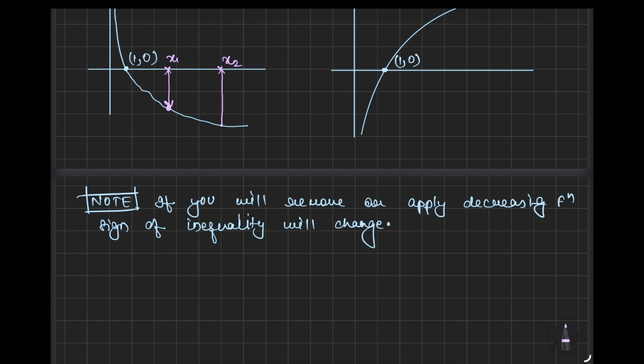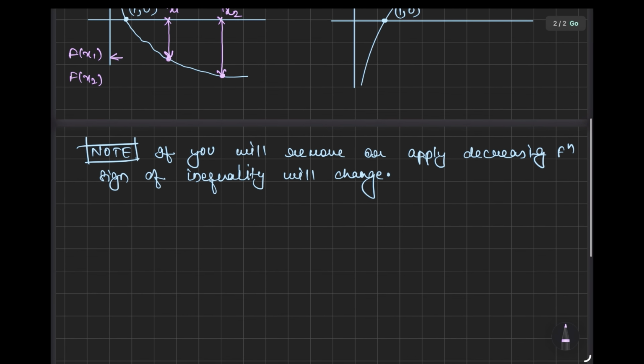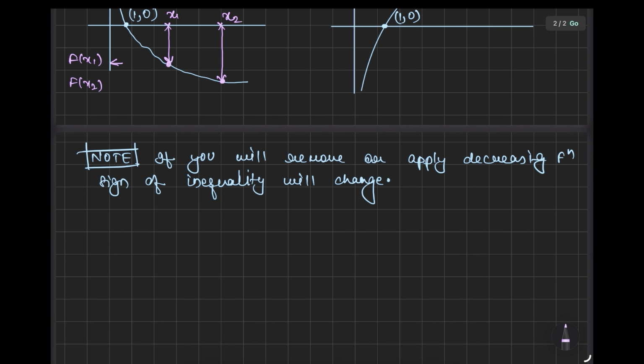If you apply x2 you will get this output, and this is f of x1, and this is f of x2. Now look at this. You know that x2 is bigger, correct? x2 is bigger than x1.